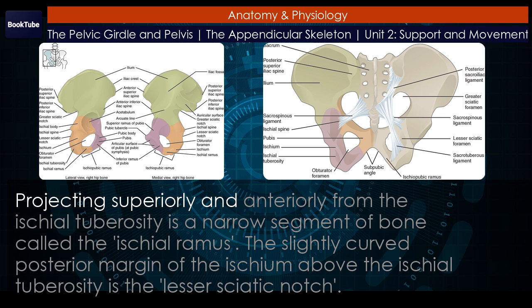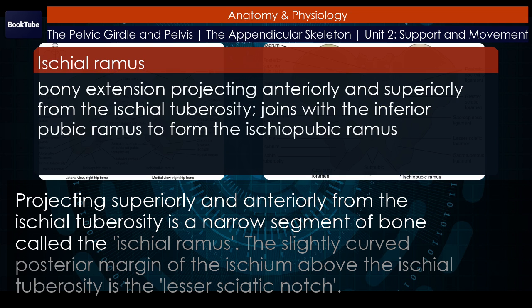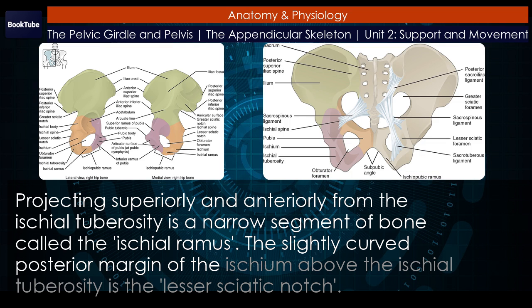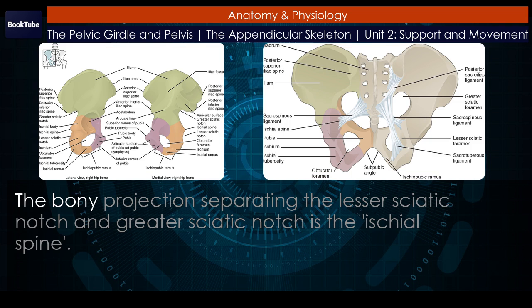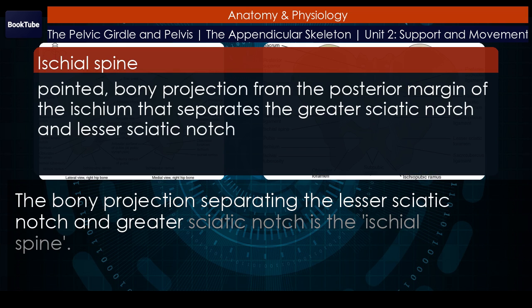Projecting superiorly and anteriorly from the ischial tuberosity is a narrow segment of bone called the ischial ramus. The slightly curved posterior margin of the ischium above the ischial tuberosity is the lesser sciatic notch. The bony projection separating the lesser sciatic notch and greater sciatic notch is the ischial spine.